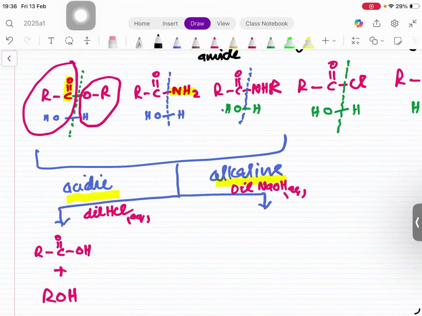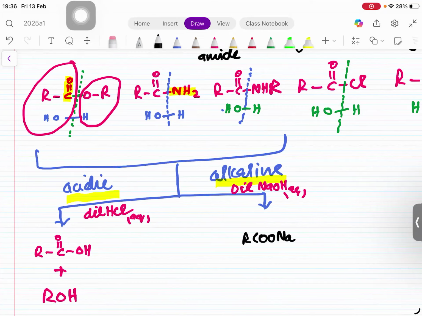On the other hand, when you use dilute aqueous NaOH, please pay attention. The products are the same, carboxylic acid and alcohol. But one product is RCOONa, the salt of the carboxylic acid, because the carboxylic acid is formed in a mixture that already contains an alkali in the same beaker.